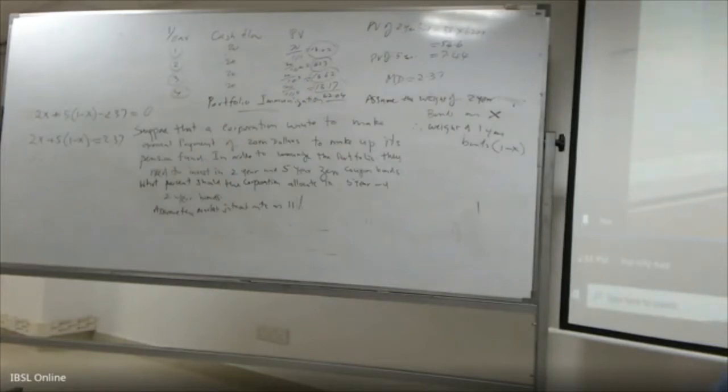What is the face value then? 67.27. Right. So that is the face value for 2-year bonds.